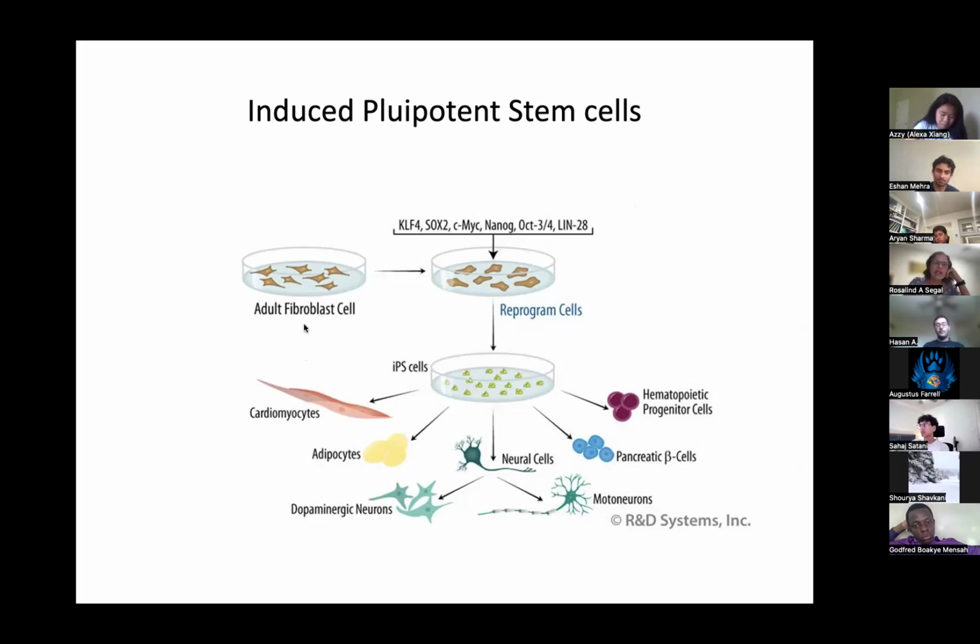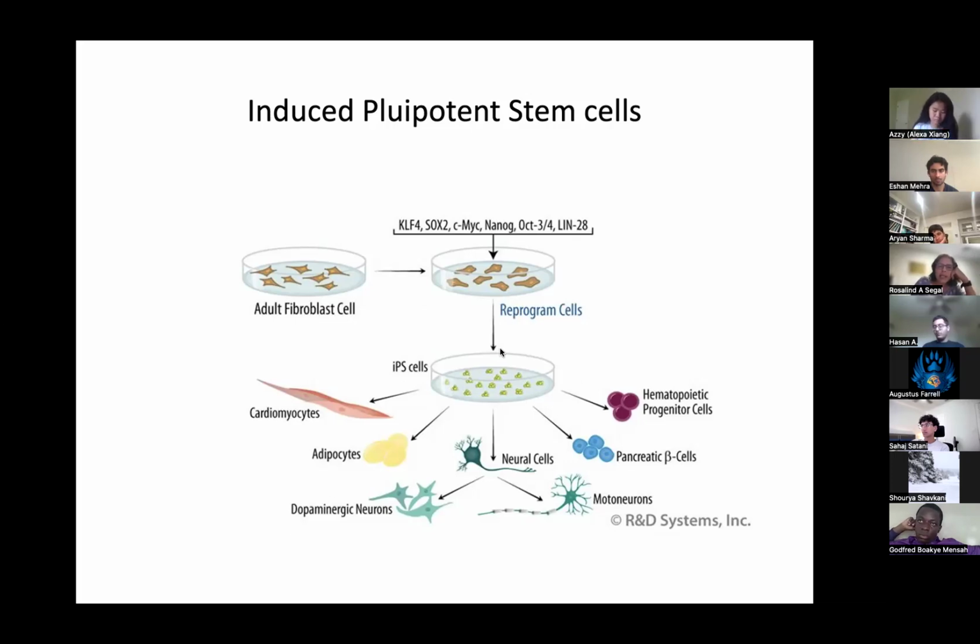Basically, you can take adult fibroblast or adult blood cells. You introduce particular cocktails of genes that reprogram them so that they are no longer this differentiated kind of cell, but are a pluripotent stem cell, more like an embryo.